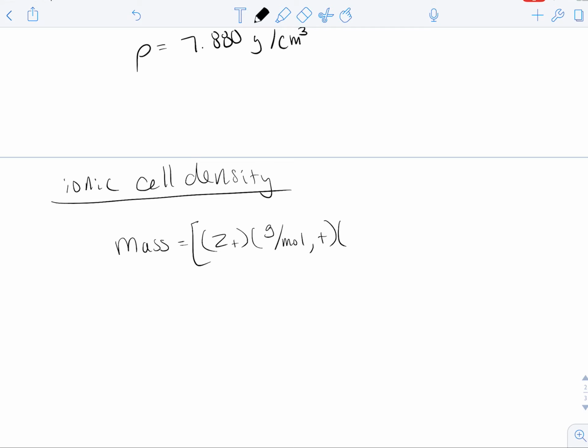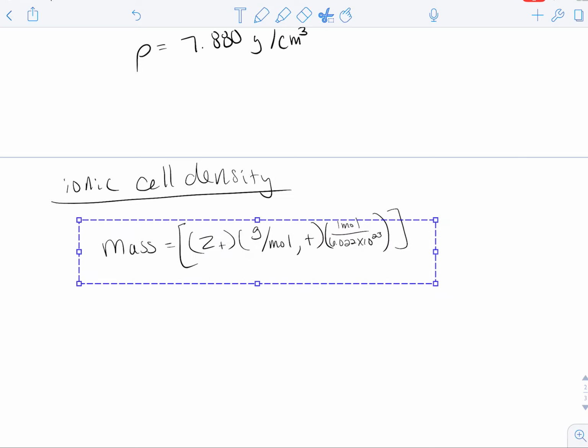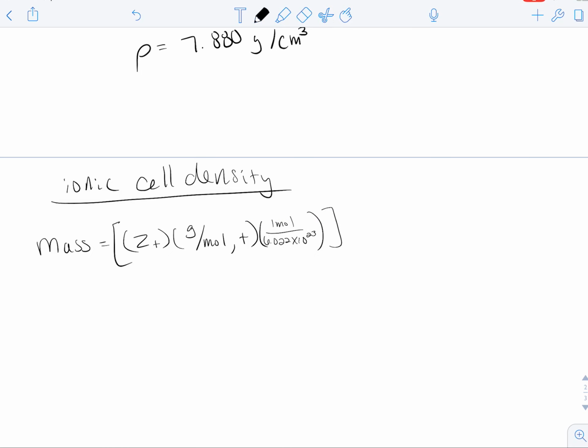And then we use Avogadro's number. And then we're going to add that to our anion Z number, times our molar mass of our anion.